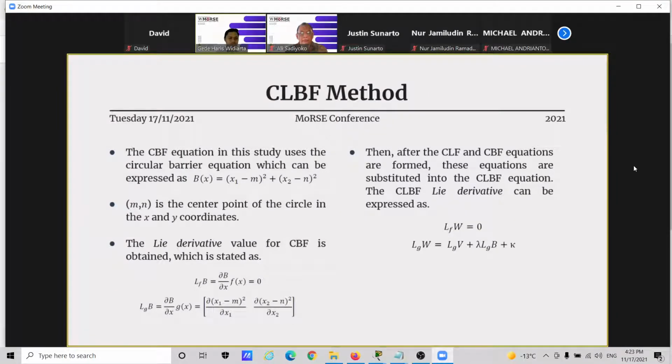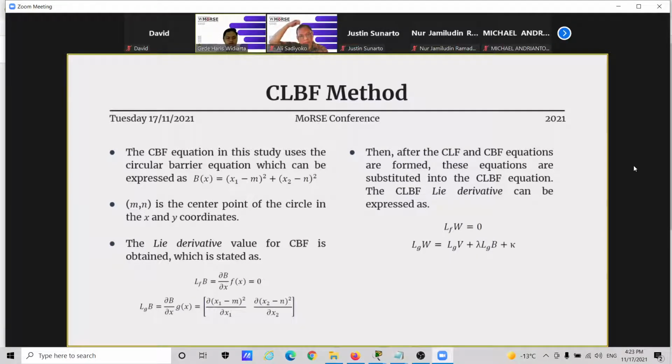So the Lie derivative value for CBF is obtained as I mentioned in the slide. So LfB is once again 0 because f(x) is 0, and then LgB has a value because G(x) is the second order identity matrix, and the value depends on M and N itself.